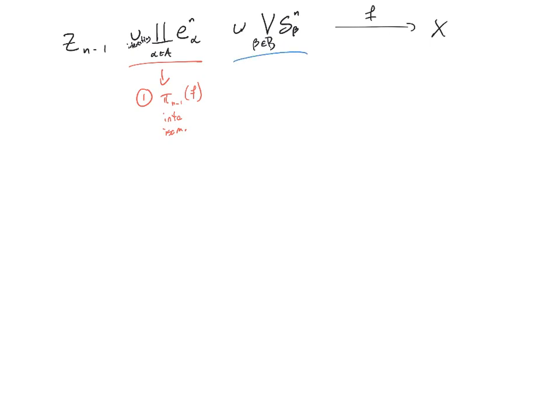And in step 2, we have now made pi n of F surjective onto pi n of X, right? Which satisfies the problem. So what we have done is we're basically building a CW complex that has the correct pi 0, pi 1, pi 2, pi 3, etc. all the way up.